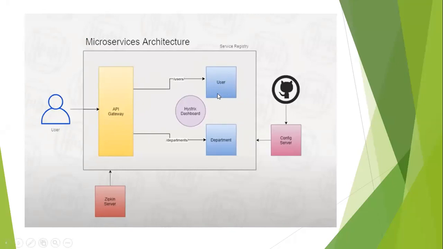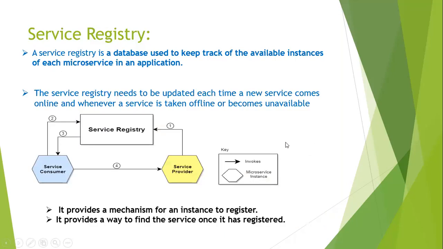Here there are two microservices, one is the user microservice and the other is the department microservice, that are registered in the service registry. Here we will discuss more about the Hystrix dashboard, Jenkins server, config server, service registry, and API gateway. That all more in the coming slides.